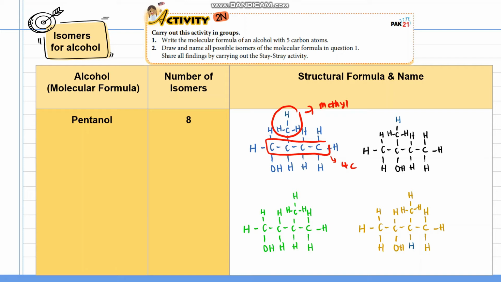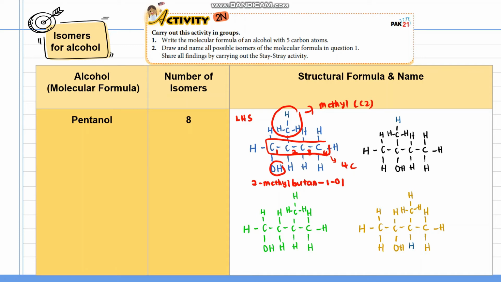So we number the carbon atoms from the left-hand side: carbon 1, carbon 2, carbon 3, and carbon 4. The hydroxyl group is on the first carbon, and the methyl group is on carbon number 2. So we name it 2-methyl, and the longest chain is 4 carbons, so we call it 2-methylbutan-1-ol.